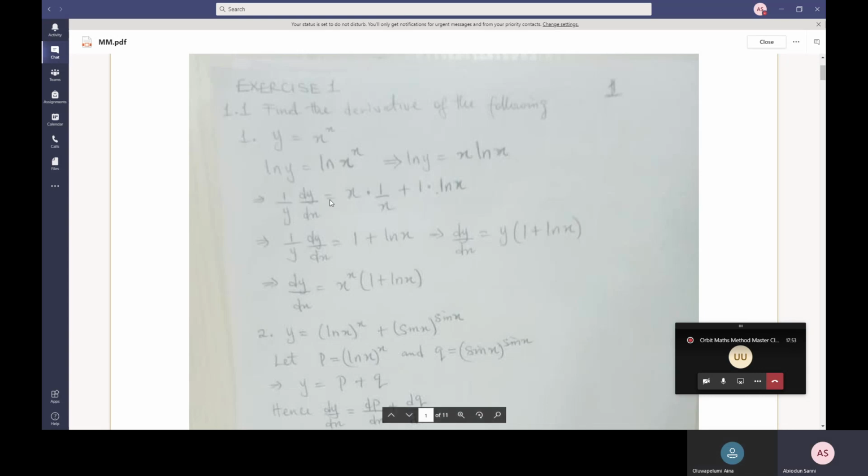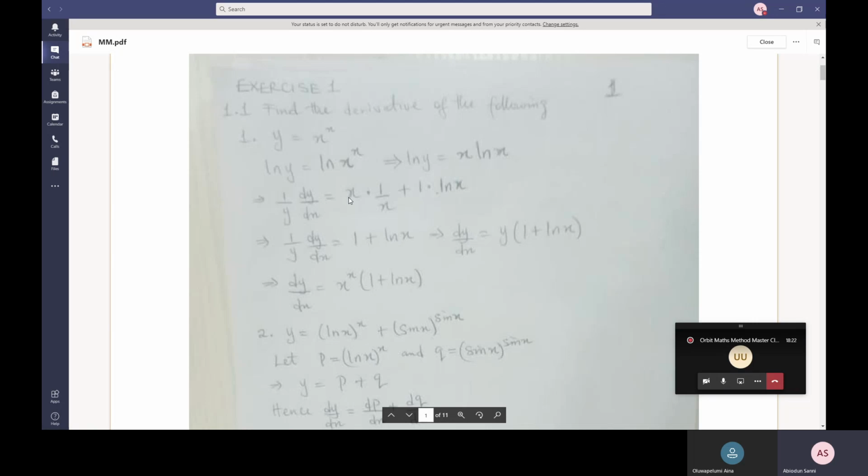Then equals, now this one is a product, so you are going to use the product rule. The product rule states that if y is equal to u times v, dy/dx is u times dv/dx plus v times du/dx. So my u is going to be x here, and my v is going to be ln x.